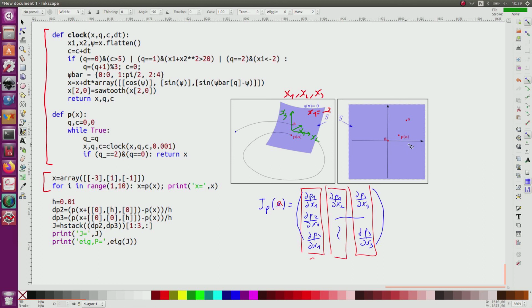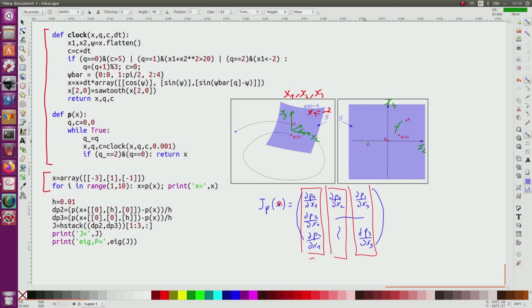Here it is a restricted view, where I have only x2 and x3. I am only interested in what I have inside the Poincaré section with my discrete system.